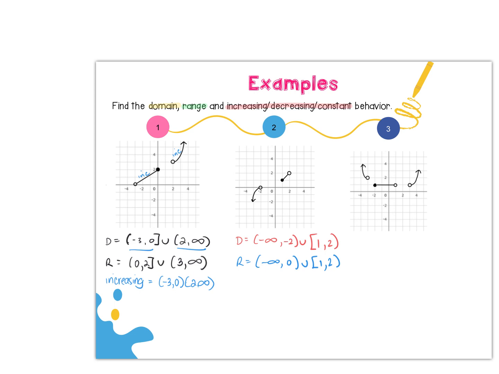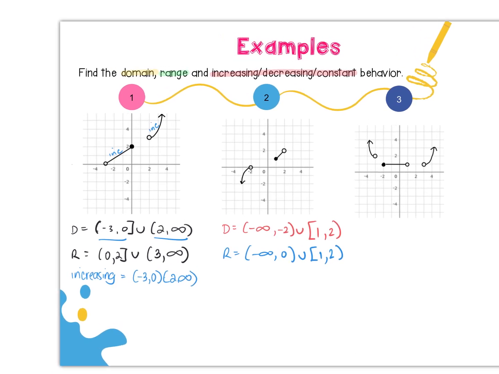And then lastly, I'm going to go to the increasing and decreasing. As I go through my x's, because remember, I have to say, as I'm moving from left to right along the x-axis, what's happening with the graph. So I know that this one, as I move from left to right, is increasing, as is this one. So I'm basically going to be rewriting pretty much the domain, okay?